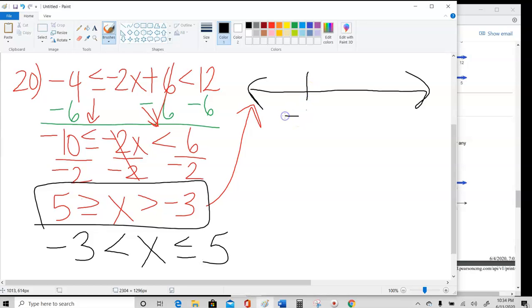Now we can graph it on our number line. For negative 3, we'll have just parentheses because it's just strictly less than, I'm sorry. And then 5 will have brackets.